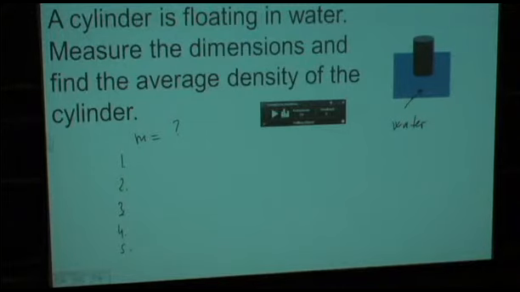And I want to give you some answers before I switch to the camera. So you should write those answers. 0.250, 0.5, 1, 1.25, 1.5.